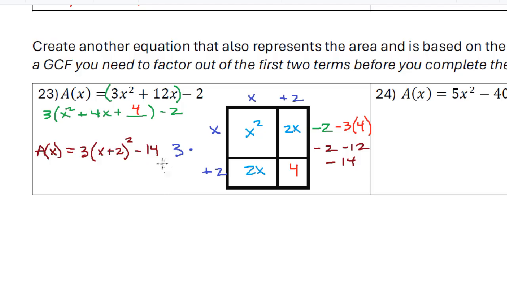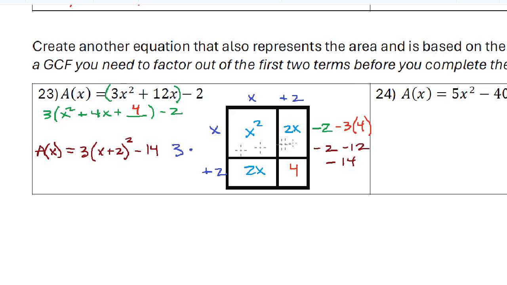So you just got one extra step here. You got to deal with this 3. You don't want to be dealing with this 3 inside of your quilt square. You want to take it out and say, well, there's 3 of these. Here's our 3. Here's our quilt square, written as the closest perfect square, x plus 2 squared.